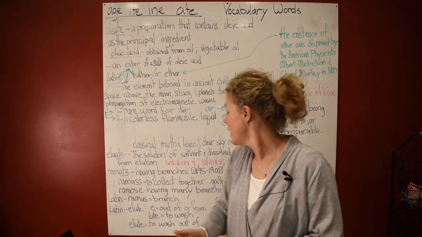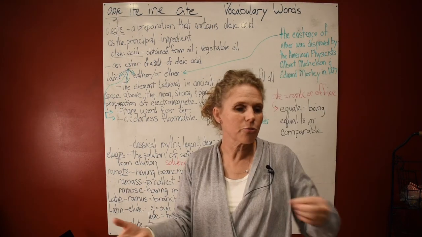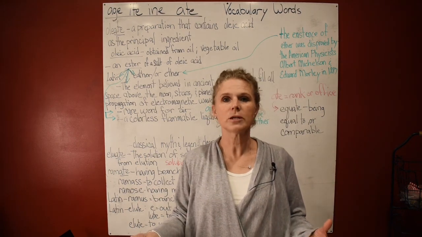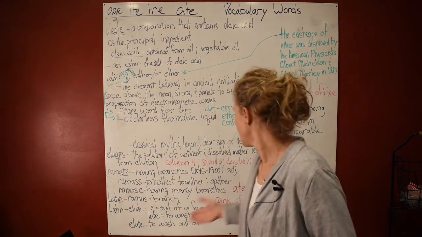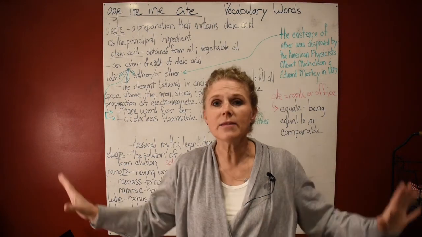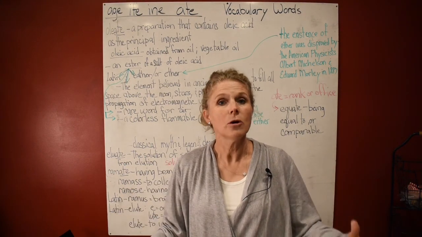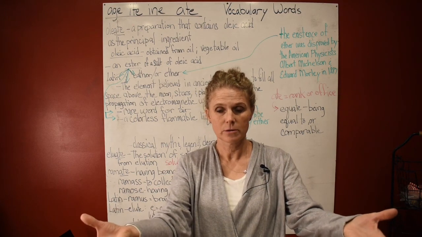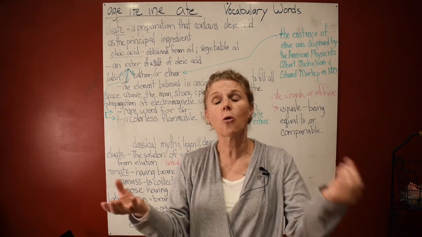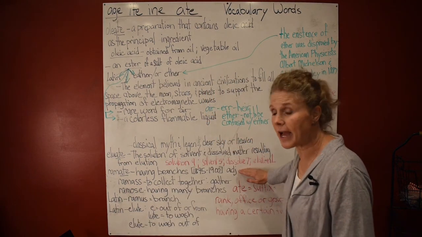We need 3 adjectives to describe this word, and you're like, what's an adjective? Well, it describes nouns, and nothing else but a noun. What is a noun? A person, place, thing, or idea. So that's what an adjective does.